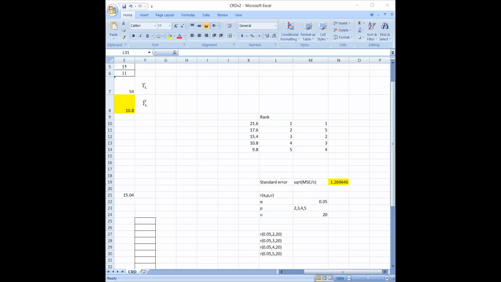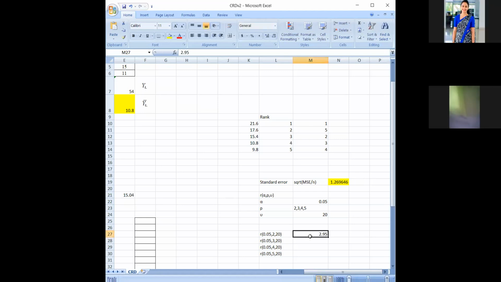And then back to our calculation. Now I showed you how to find the table values, so just put the table values here. When P is equal to 2, the table value was 2.95.